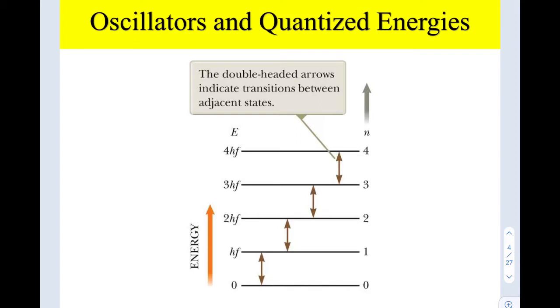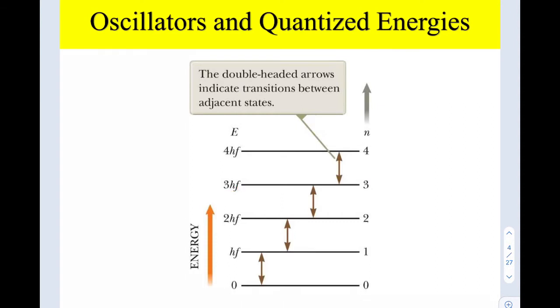The oscillator, the resonator just now, and the quantized energy. Imagine the energy levels within an atom, oscillator or resonator, from 0, 1, 2, 3, and 4 until the nth level. Each energy level consists only of multiples of hf. For the first level, it is hf. For the second level, it's twice hf.